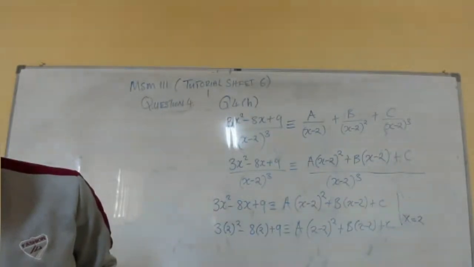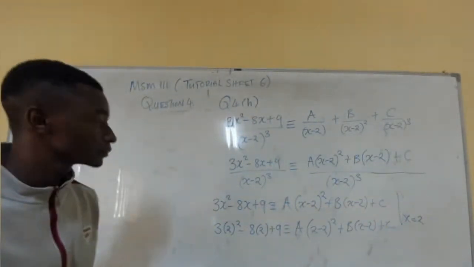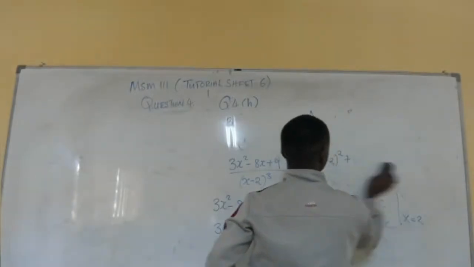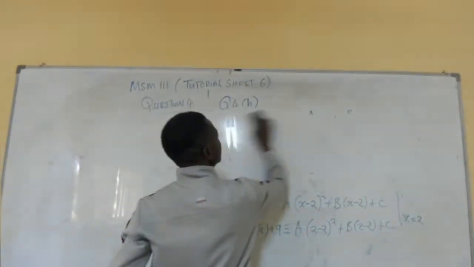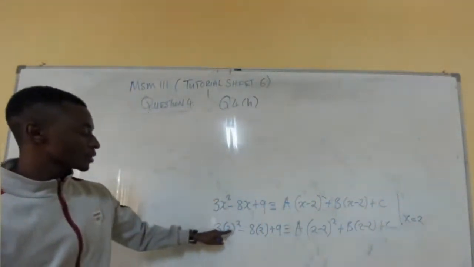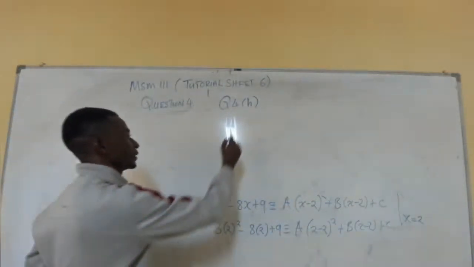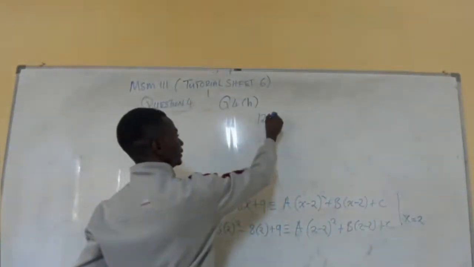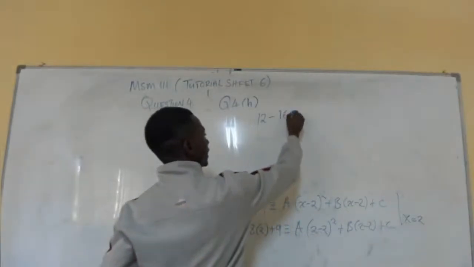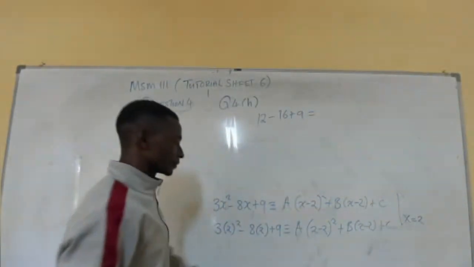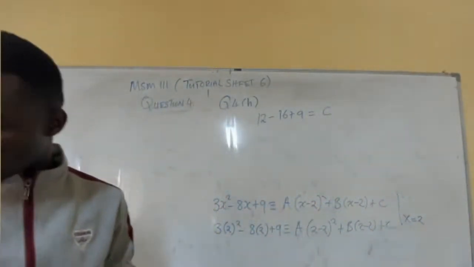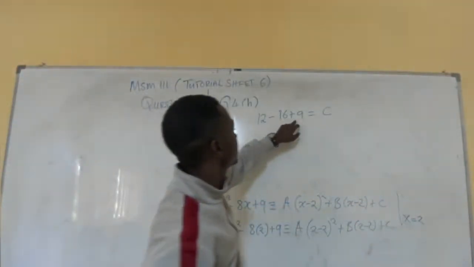So now let's do this. What is 2 squared? That's 4. 4 multiplied by 3 is 12. 8 by 2 is 16. Plus 9, equal to C. So what is 12 minus 16 plus 9?